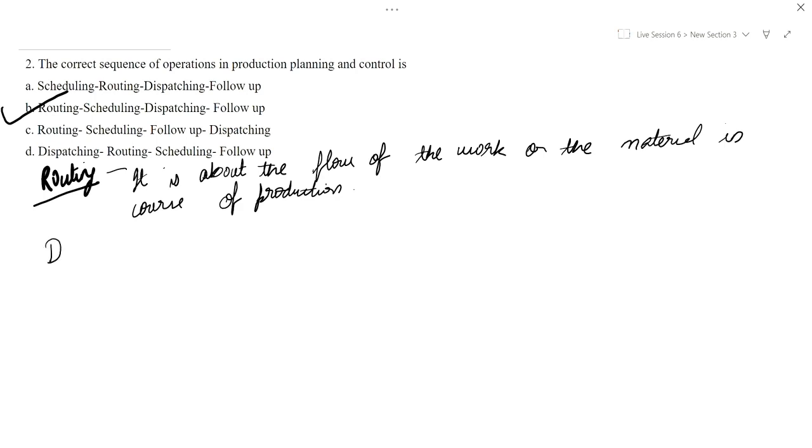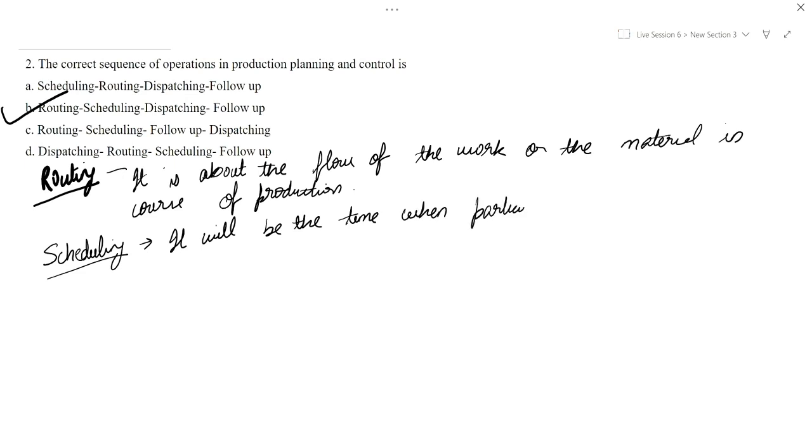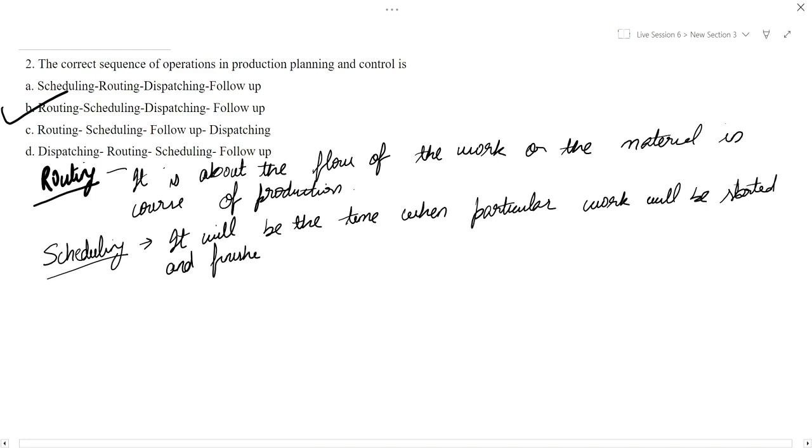Next is scheduling. Scheduling is the time when a particular work will be started and finished.